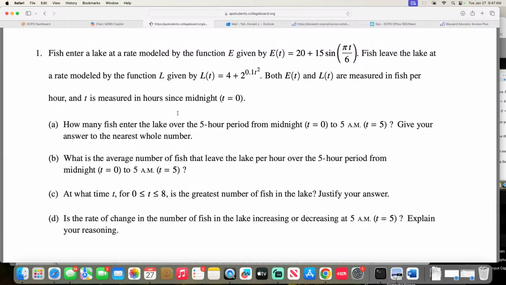But let's read this question and see if you know how to answer part A. Just read this question and tell me what's going on. Those of you who are good readers, I want you to read through it and see what's going on.